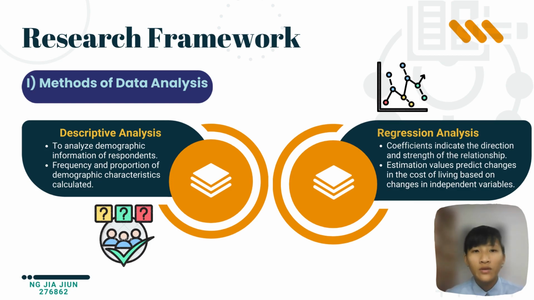Through the regression analysis, we can estimate the coefficients and understand how the independent variables influence the cost of living. For our example, the coefficients indicate the change in the cost of living for each unit increase in the independent variables. Positive coefficients indicate a positive relationship, while negative coefficients indicate a negative relationship.